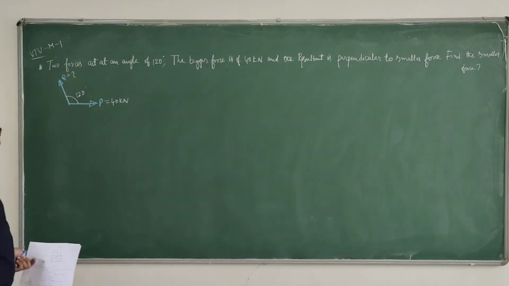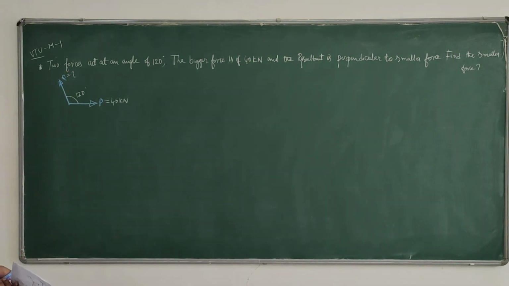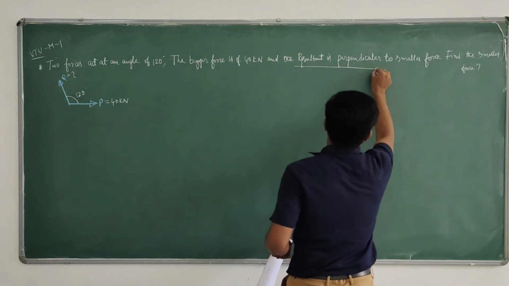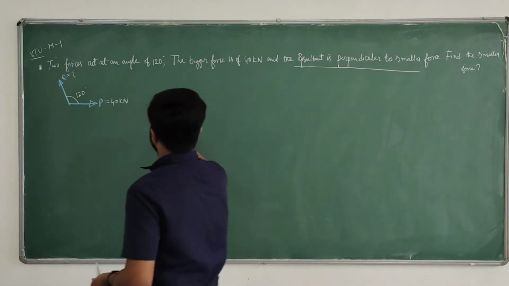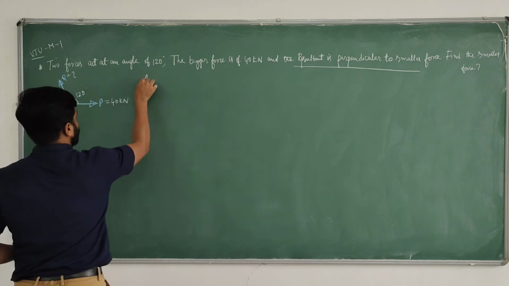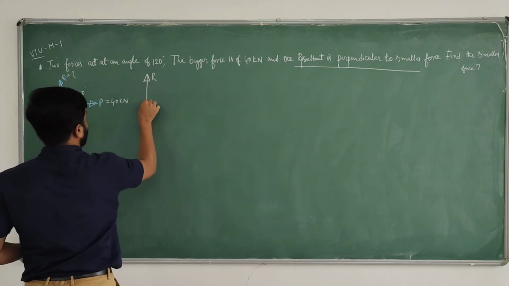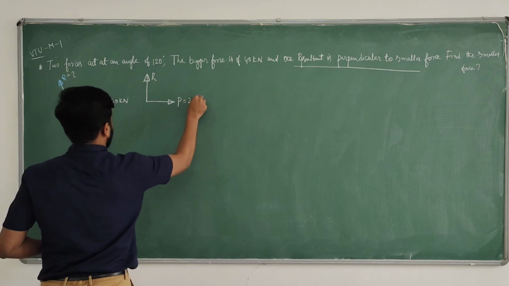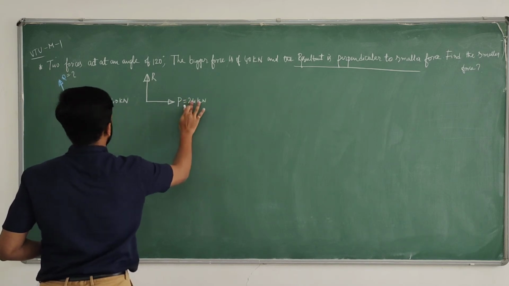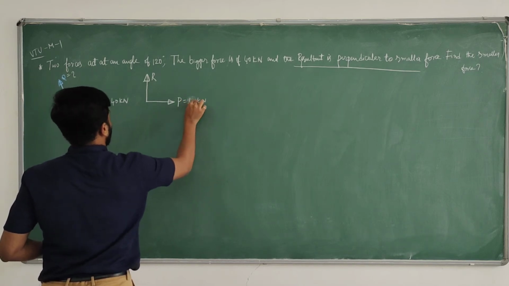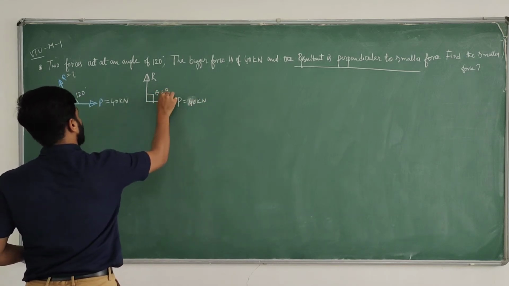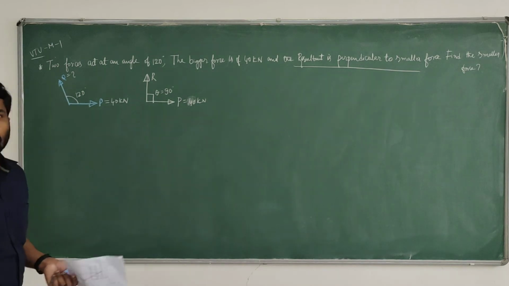And what is the value of Q? The condition is given: the resultant force is perpendicular to the smaller one. So R is perpendicular to Q, and theta equals 90 degrees.